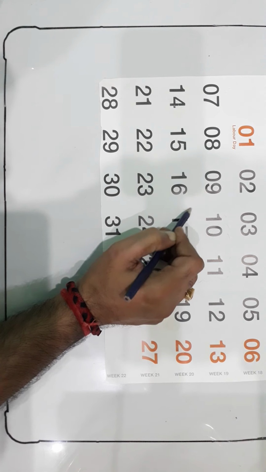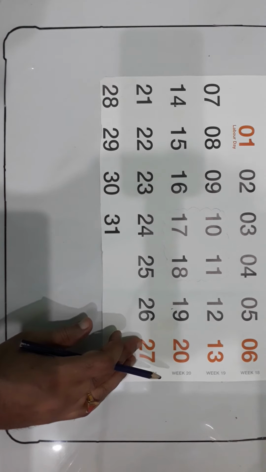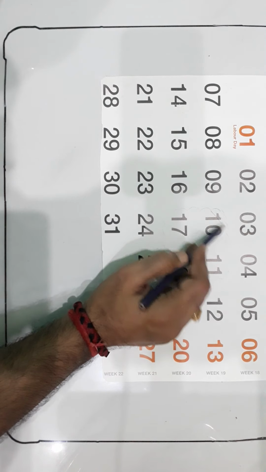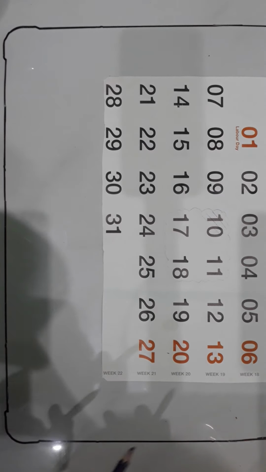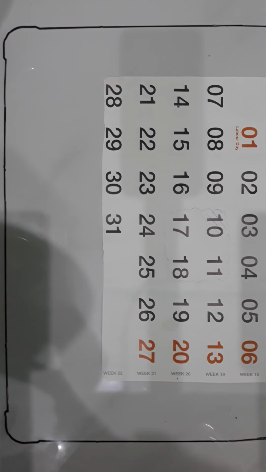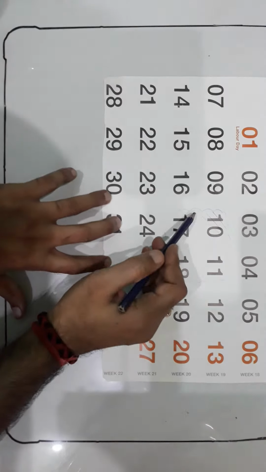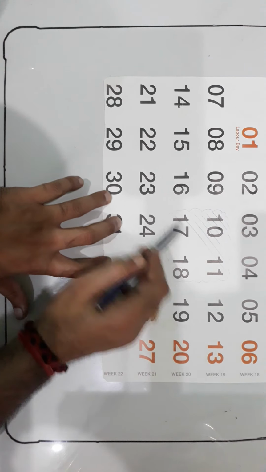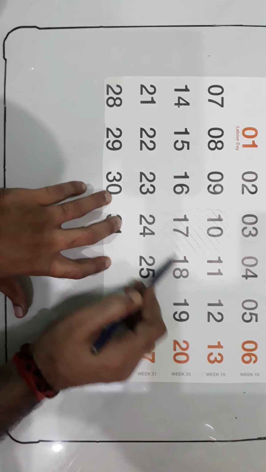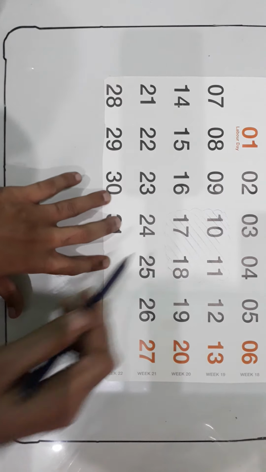Means in this manner I have to take these 4 dates. Now what I have done is I have highlighted them in order to show that yes, these are the only those 4 dates that are required.